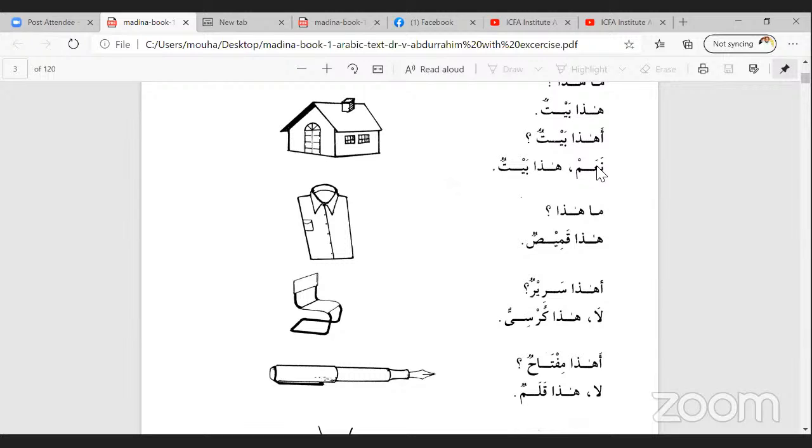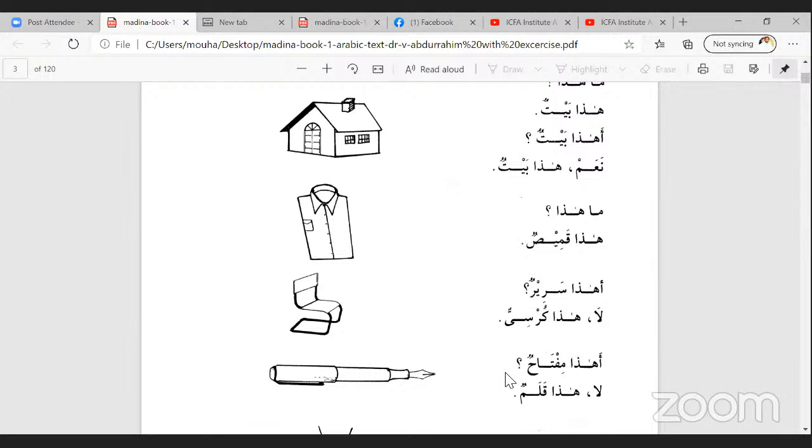I don't know why this part of our throat is called Adam's apple. Whoever it may be, that is where the makhraj of ayn is. Na'am, yes. La, no.